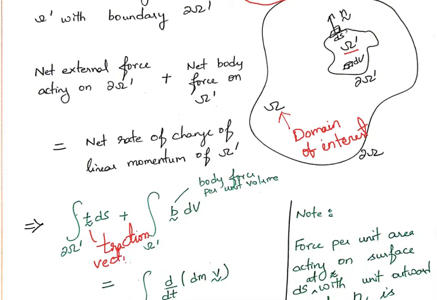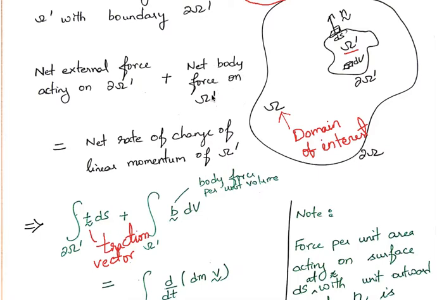Now we will come to how to actually evaluate T, but T gives us force per unit area acting on a plane at a point, and force per unit area multiplied by the area ds will give us force acting on that area element ds. And if you do a surface integral, then you will get net external force acting on the volume.